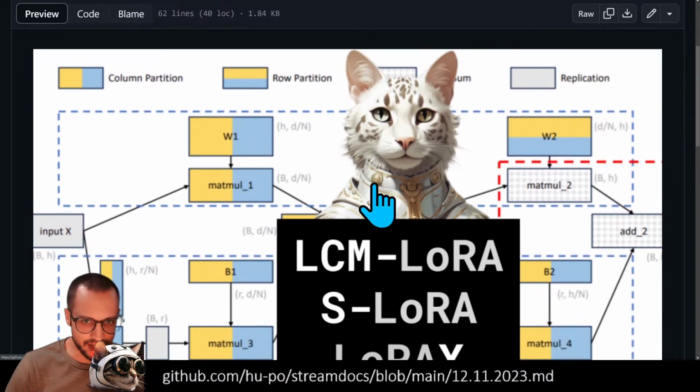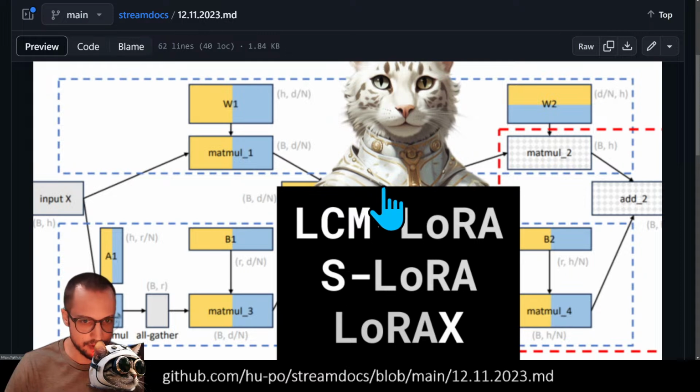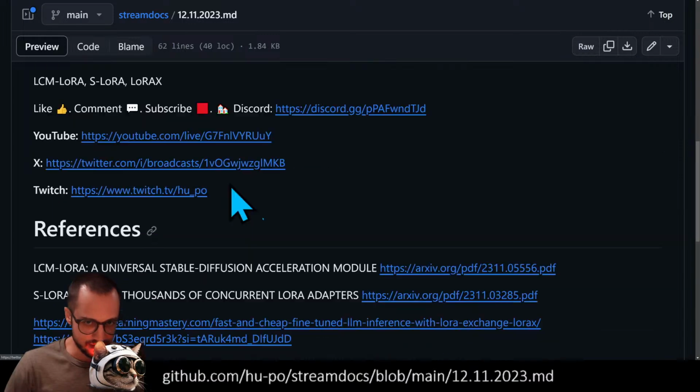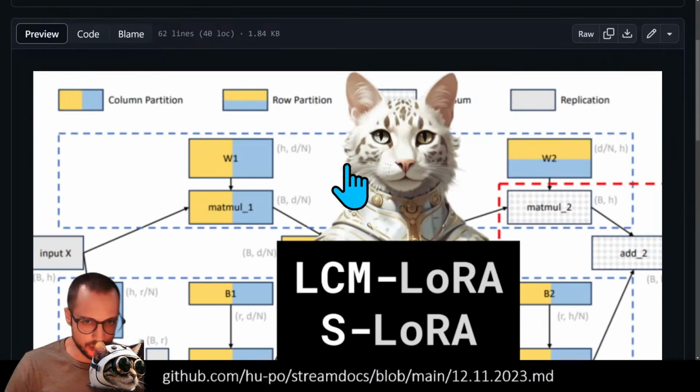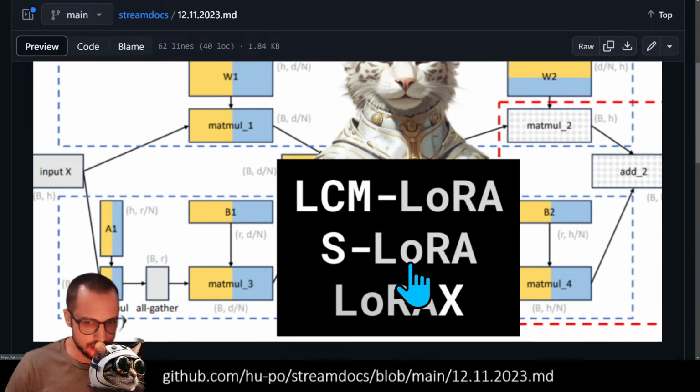Today we got kind of a mixed bag of LoRA papers to read through. The official name of the stream is LCM LoRA, S-LoRA, and then LoRAX. I'm just going to cut to the chase. The unfortunate thing is that when I was browsing through these papers, I thought all of these were a bit more related than they really are.